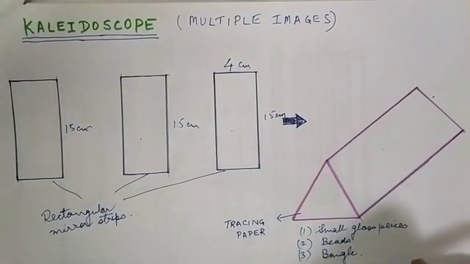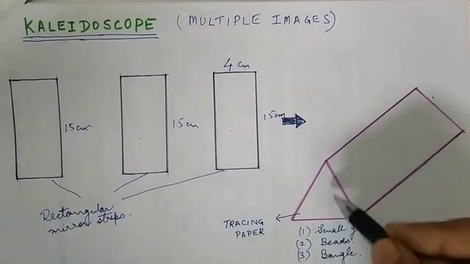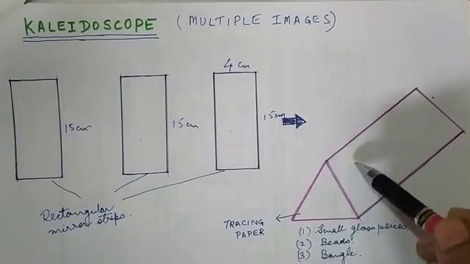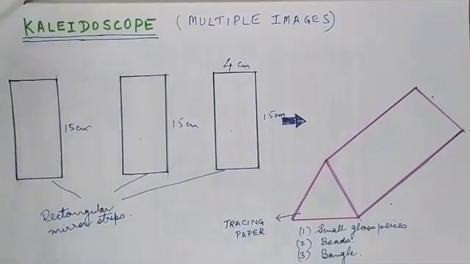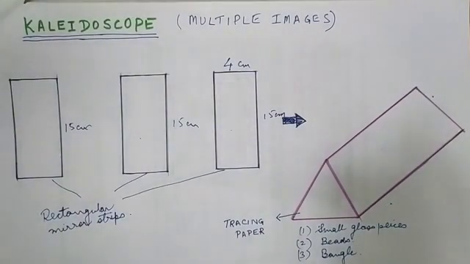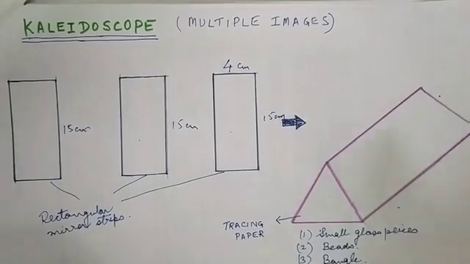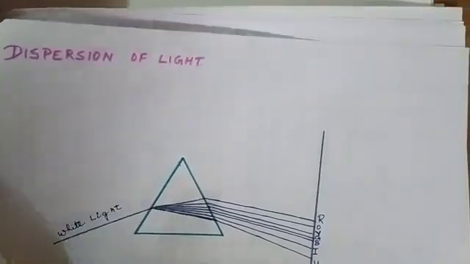For all these things kaleidoscope is used, and it works because of the multiple reflections happening within the device as a result of these three mirrors, which results in forming multiple images. So now we have seen two examples. Yesterday we saw the example where we go to a barber shop and get multiple images, and the kaleidoscope also helps us get multiple images.